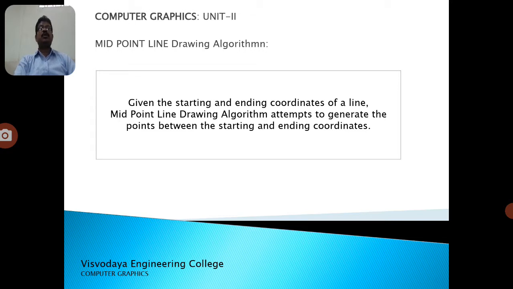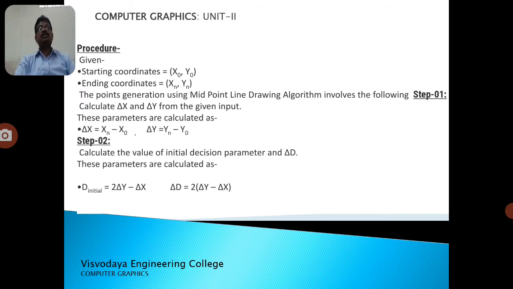This midpoint algorithm attempts to generate the intermediate coordinates in between the starting and ending point. Here the procedure changes somewhat compared to the DDA algorithm and Bresenham's algorithm. So now let us observe the difference between these.